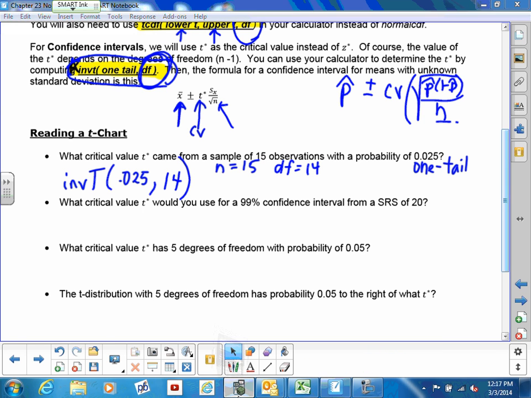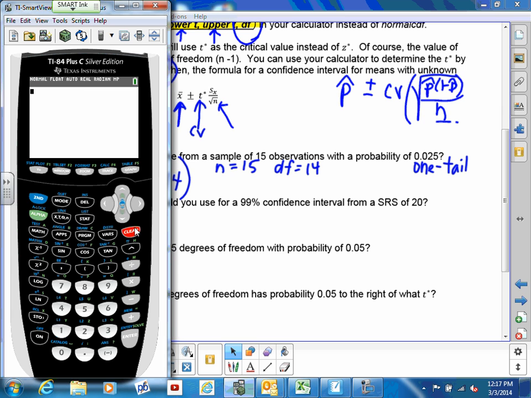You find that in the same place as before, second vars. Number 4 is inverse t. You may not have this exactly; you might have just a parenthesis that shows up, but I'll show you what goes on here. It's going to put it in parentheses. If you don't have this particular operating system, you just have that 0.025, 14, and then it calculates.